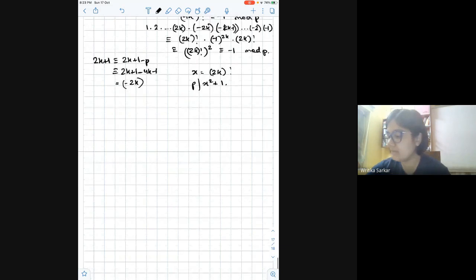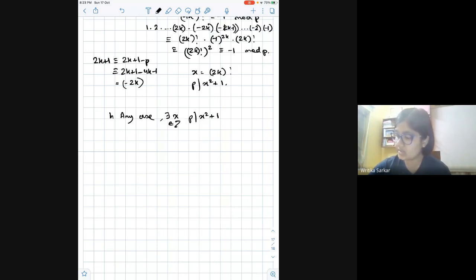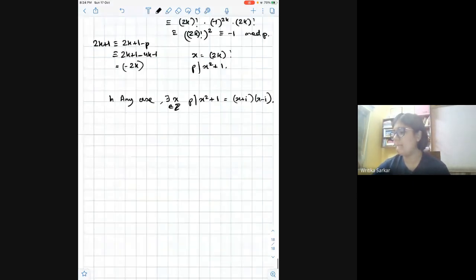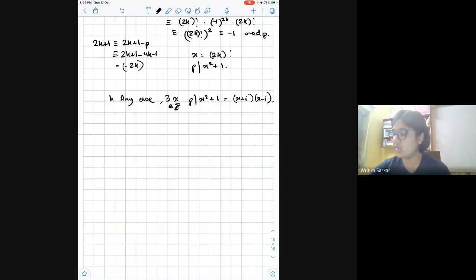So in any case, there exists an integer x such that p divides x squared plus 1, and you write it as (x + i)(x - i). Now we also saw that if p divides x plus or minus i, then p has to divide x and p has to divide 1, which is the coefficient of i.